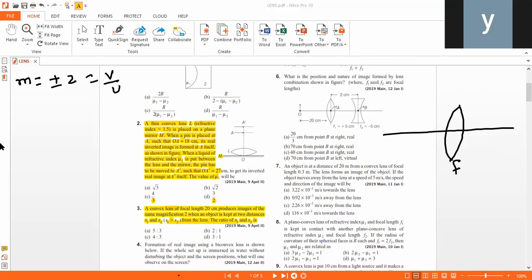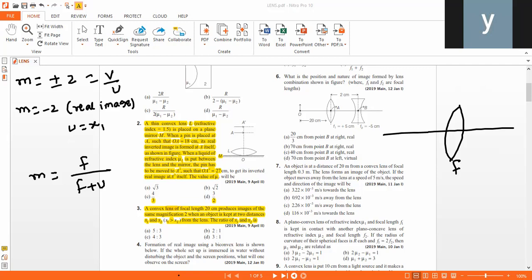Suppose let us consider when m is equal to minus 2. That is for real image. The object is at distance x1. So firstly, I want to find the value of x1. Magnification we can write as f by f plus u.